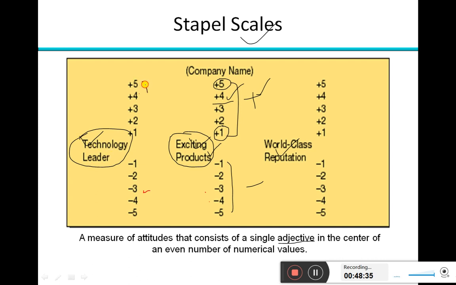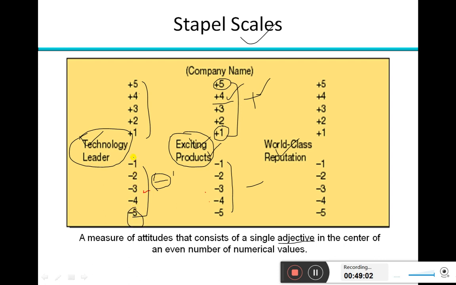Again I want to know the positive and negative responses from individuals in the market. Suppose an individual says that whatever technology you are using is not up to date. It means a negative response came to me. Under the negative response I want to check how negative it is, either -1 or -5. -1 means very much negative.